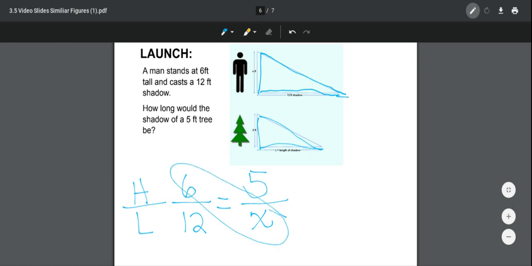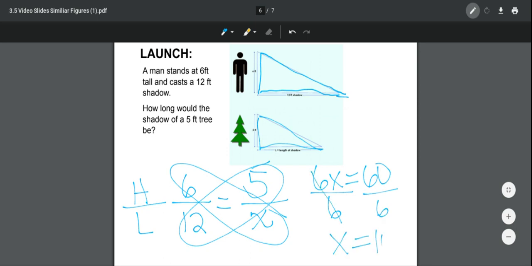Let's cross multiply to get 6x is equal to 60. Divide by 6 on both sides, and x equals 10. Therefore, the length of the shadow would be 10 feet.